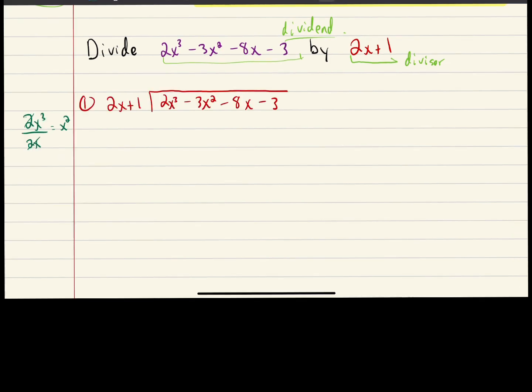So I took the head coefficient, or the lead coefficient of the dividend, and I divided by the leading coefficient of the divisor, and that gave me x squared, and I put that as the first term in the quotient. Now I'm going to take the x squared and multiply it by the divisor, 2x plus 1.